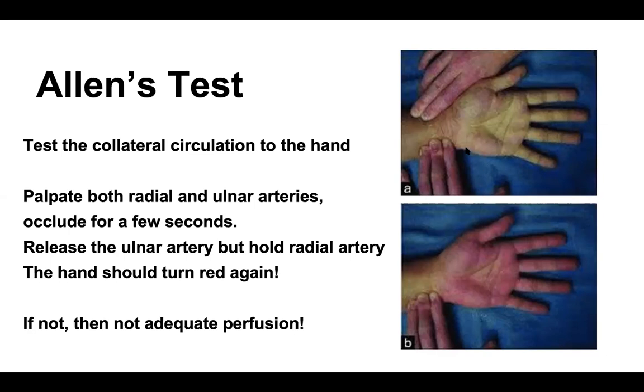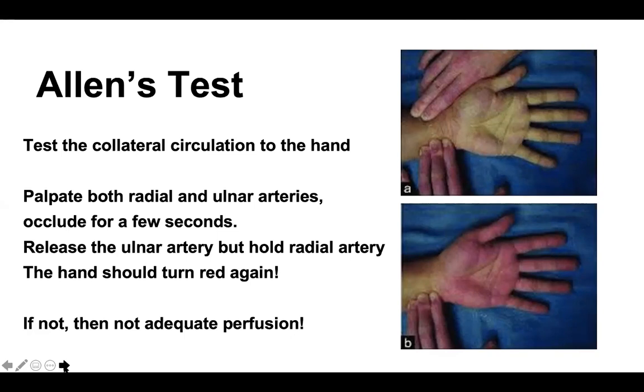After a couple of seconds, the hand will become a bit paler, and once that happens, you release either the ulnar or the radial side, it doesn't really matter which, but you keep one side occluded. What you want to see is capillary filling after you've released one side.